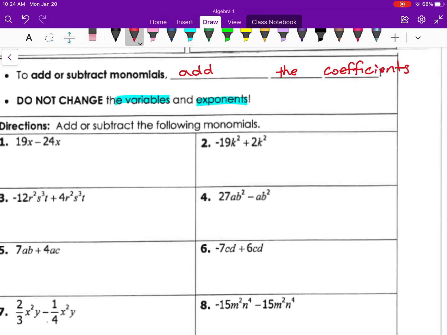This could be called combining like terms. You can only add if they are like terms. Mostly what that has meant so far is same variable, but it now also needs same exponent.